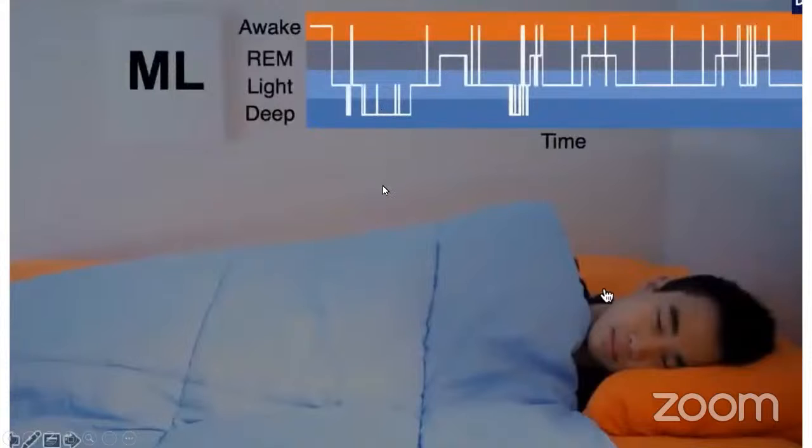And their sleeping pattern can be monitored by having these sensors on the person's head, okay? But they are very tiny, so that the person cannot feel them, but they are communicating. They are able to detect the type of wave in the brain, and based on that wave being analyzed using ML, which is machine learning, you can tell what state this person is in.